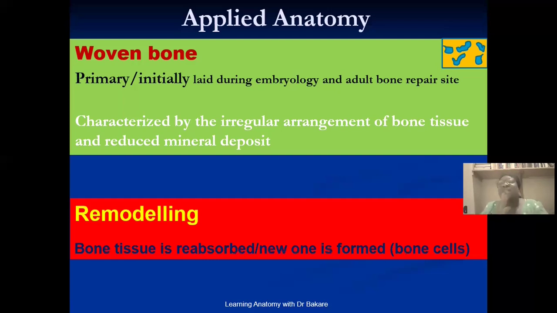So for the bone cells, the cellular component, we said that we have the osteoclast. The osteoclast, we said, is derived from monocytes or macrophages, and it is responsible for digesting extracellular matrix. The basis behind this process is to create a space for the invasion of the osteoblast.